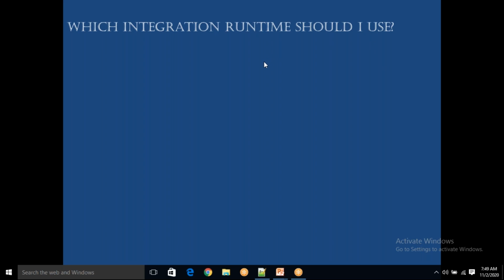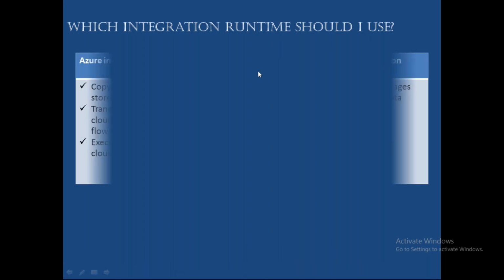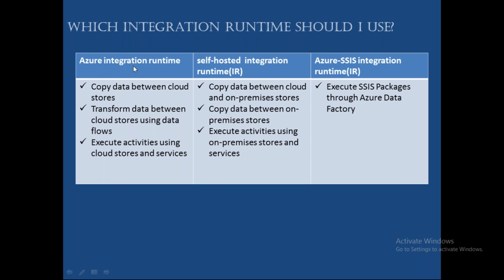Okay, which integration runtime should I use? Okay, let me give you. See here, Azure Integration Runtime. Copy data between cloud stores, meaning from within the cloud stores. Data lake store Gen 1 to Gen 2, or blob to data lake Gen 1, blob to data lake Gen 2, blob to data warehouse. So within the cloud, if you want to copy, use Azure Integration Runtime. Transform data between cloud stores.